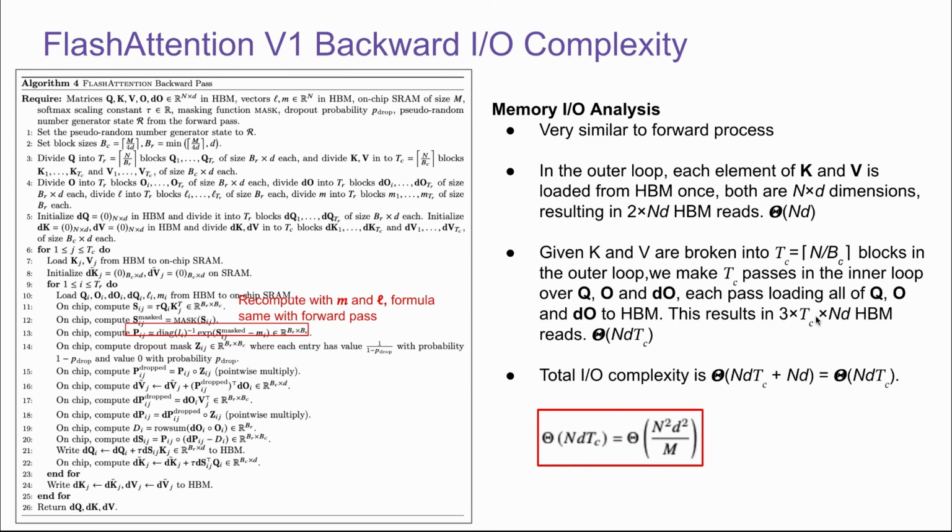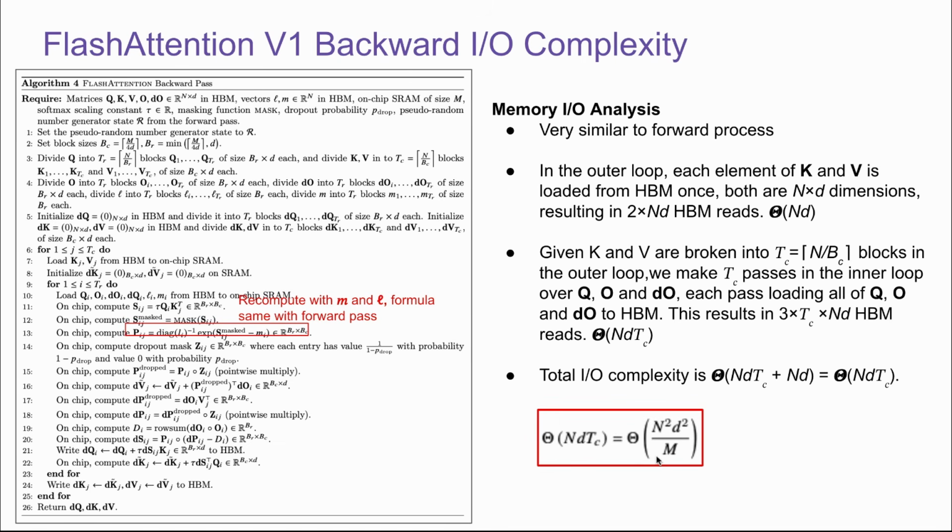This results in 3 times T_c times n times d HBM reads. So it's Theta(n d T_c). And we can reuse the previous calculation for T_c. The total IO complexity is Theta(n d T_c plus nd), which equals Theta(n d T_c). So the final IO analysis for the forward process and backward process is the same.